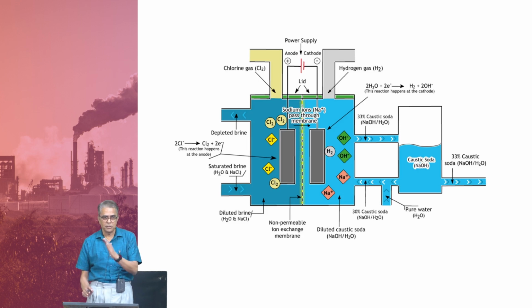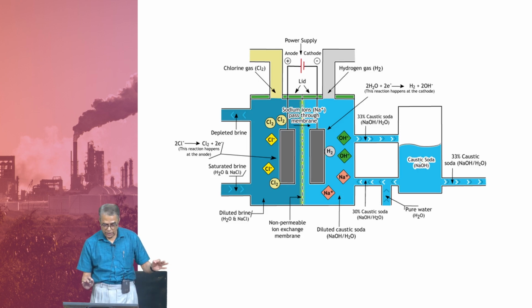So, what would happen is Na plus cannot pass through the membrane, Cl minus cannot pass through the membrane, OH minus which is on this side of the membrane can pass through to the other side, keep that in mind. Now, we put one anode, one cathode, and connect the potential.